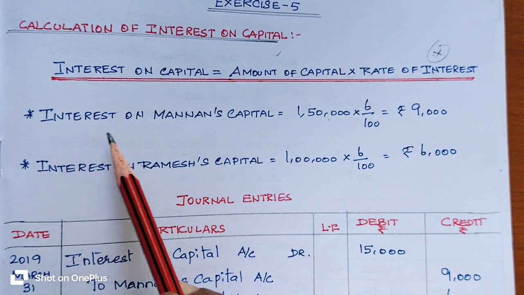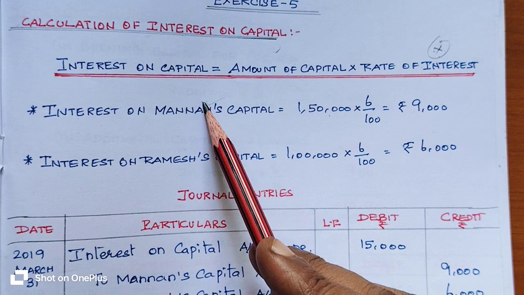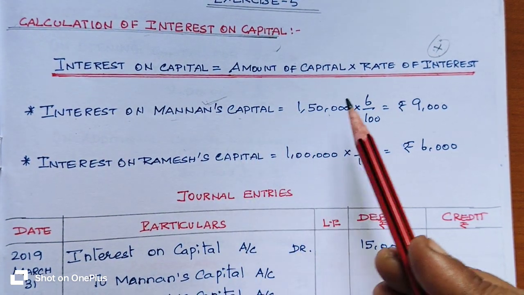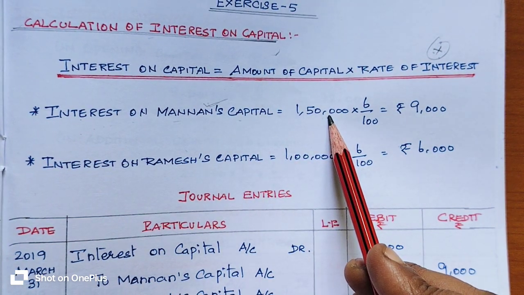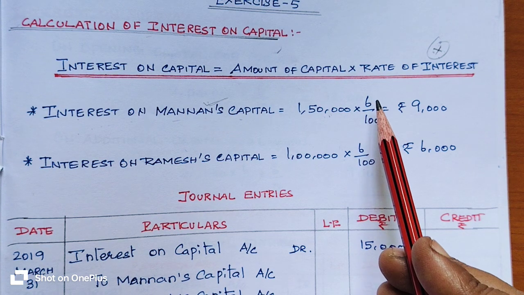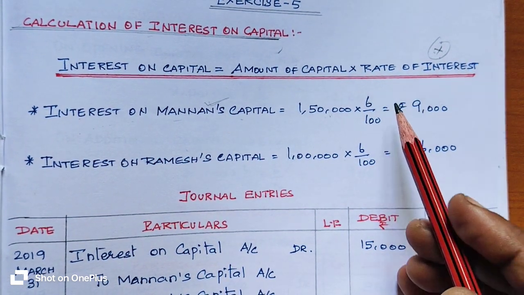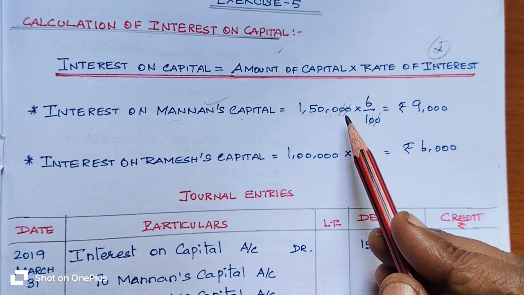Okay, so let's see one by one. Let's take interest on Mannan's capital. Interest on Mannan's capital equals amount of capital, Mannan's capital is 1,50,000 rupees. Rate of interest they have given is 6% per annum. 6% means 6 by 100. So we have to cancel it. This 20 is to be cancelled for this 20.